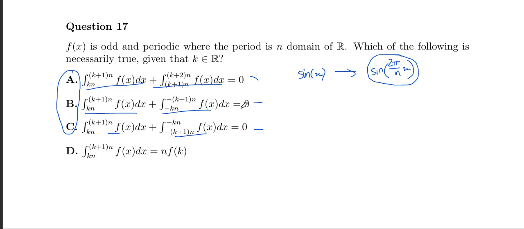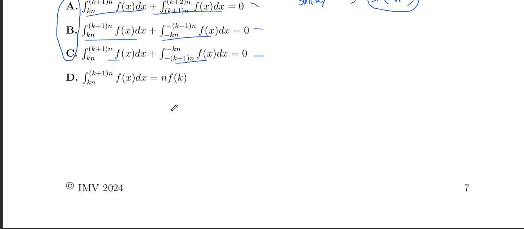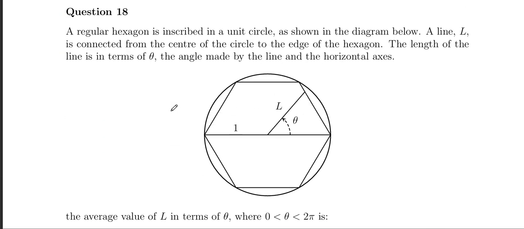Now, obviously, sine of 2 pi on n of x is not the only odd and periodic function with a domain of R and a period of n, but I'm pretty positive that all three of A, B, and C are correct. Please correct me in the comments if I'm wrong. But yeah, let's move on.